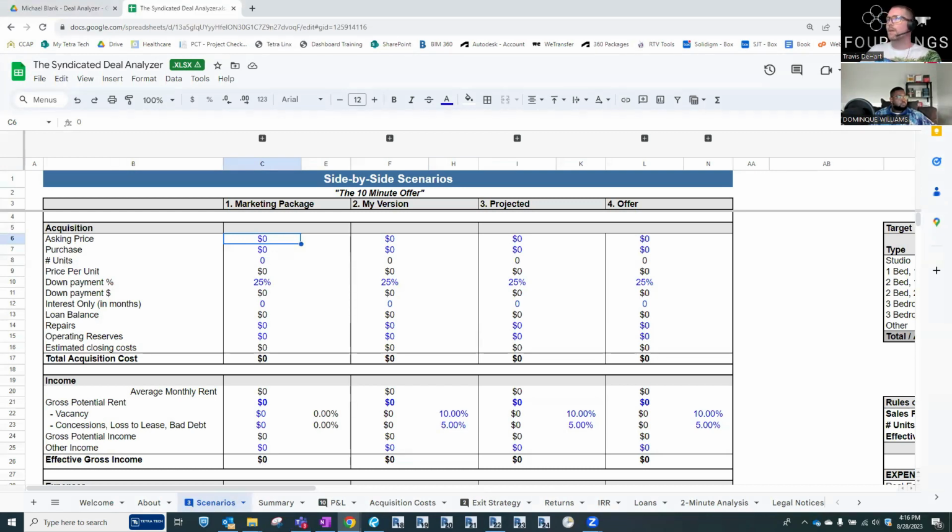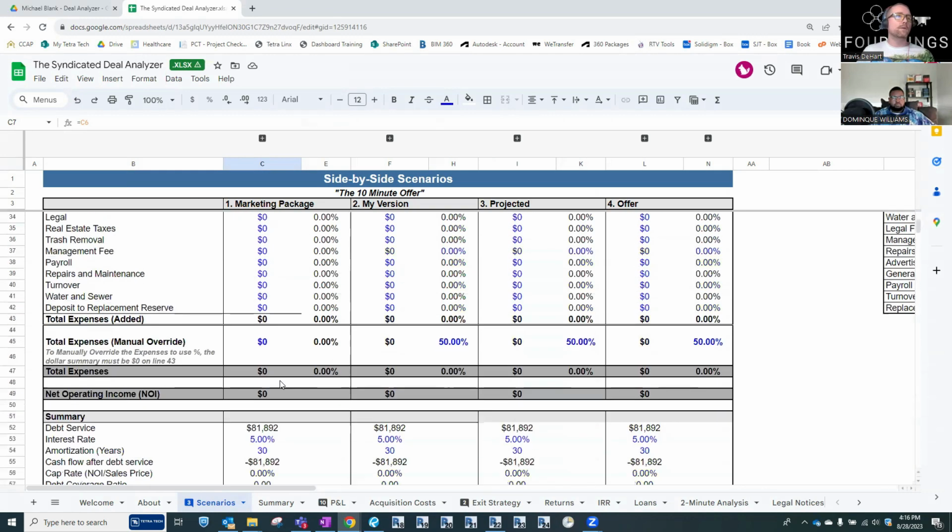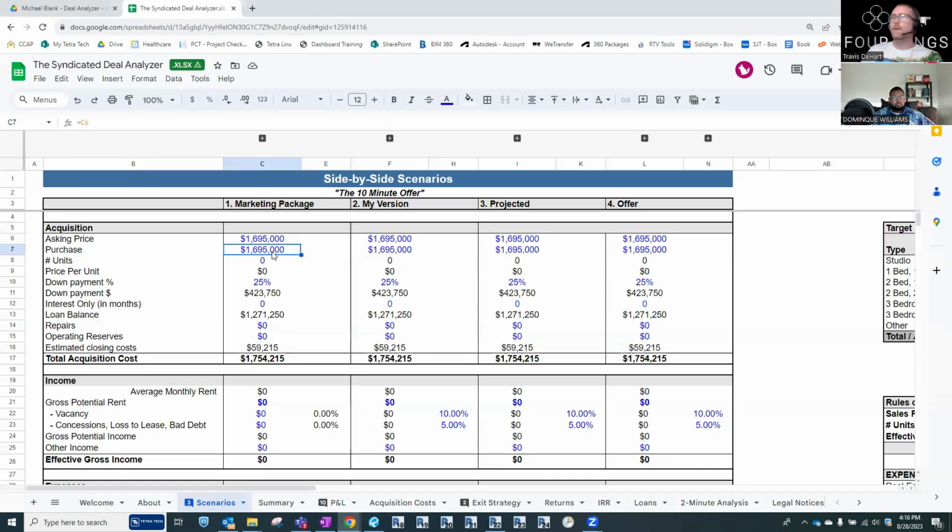If I plug in this asking price of almost $1.7 million, you can see it already starts to formulate a lot of other information for you. Then we tell it how many units. This is a 26 unit, and it automatically calculates the price per unit.